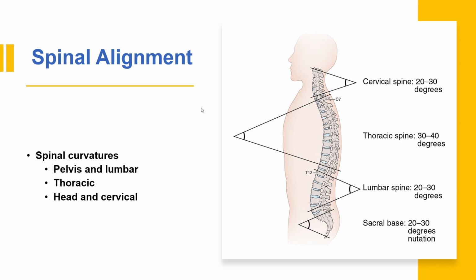Therefore, it is important not to only look at a neutral spine posture and normal alignment, but also to understand common pathological postures as well, as this may be important in therapeutic exercise programs to correct our bad habits.